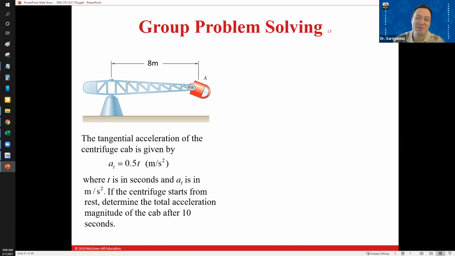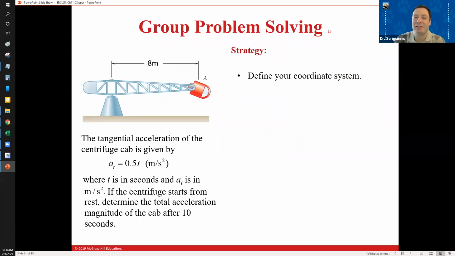It tells you the tangential acceleration of the cab is given by this function, and they tell you t is in seconds and accelerations are in meters per second squared. If the centrifuge starts from rest, determine the total acceleration magnitude of the cab after 10 seconds.